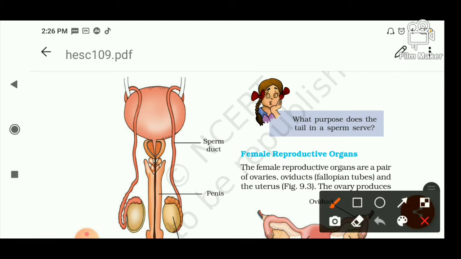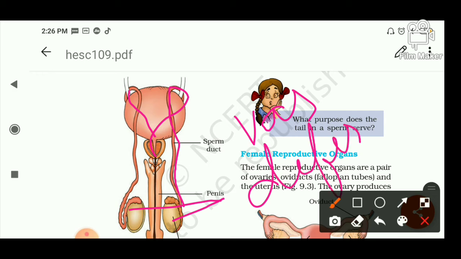You can see in this diagram, these are the testes. Sperms are formed inside these structures, and then they are carried to the penis through these ducts. These are called sperm ducts, also called vas deferens, right?